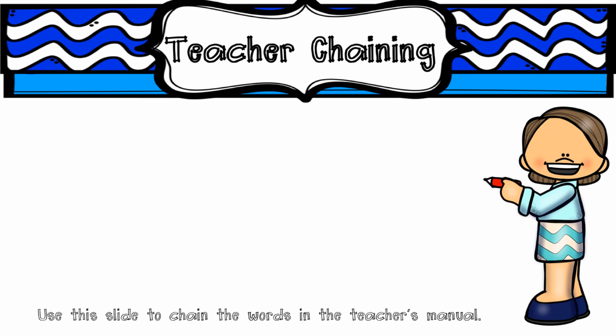Now, how would you spell boat? B-O-A-T. Now erase the vowel sound, which is O-A, right? Which says O. So erase the O-A and make the word bat.